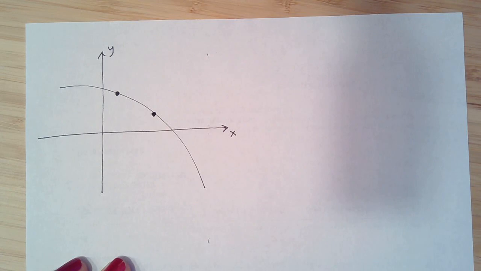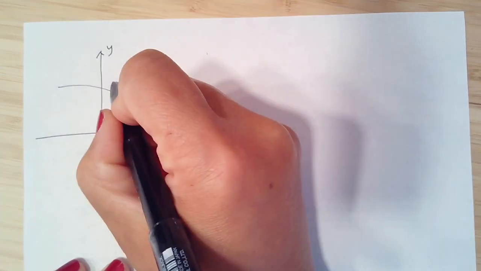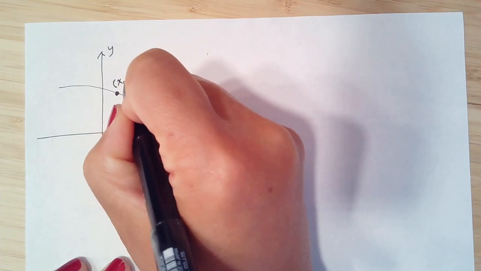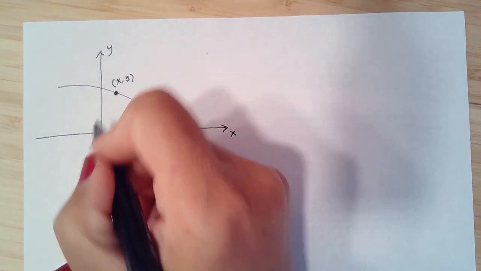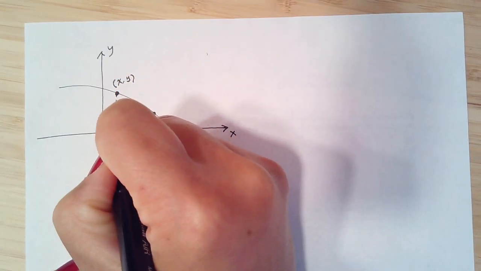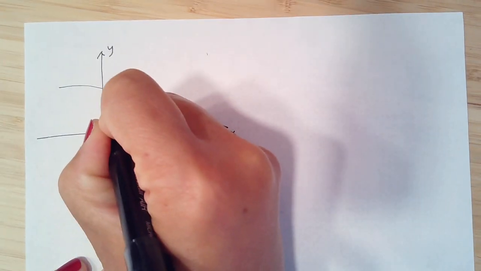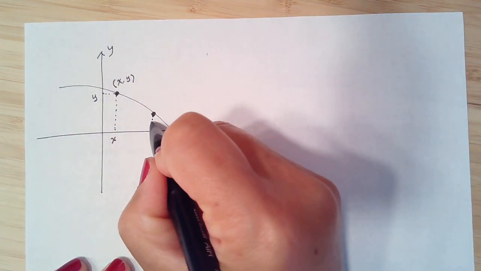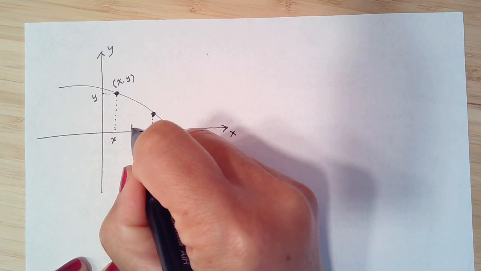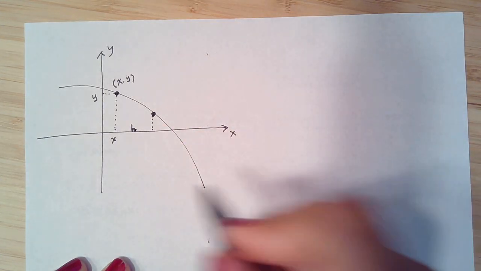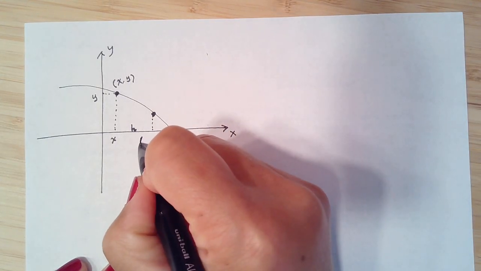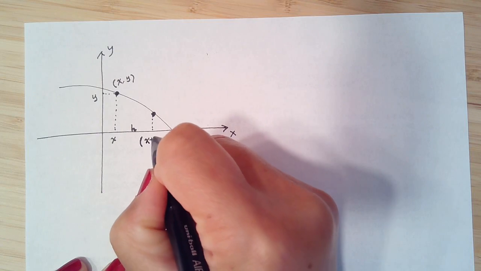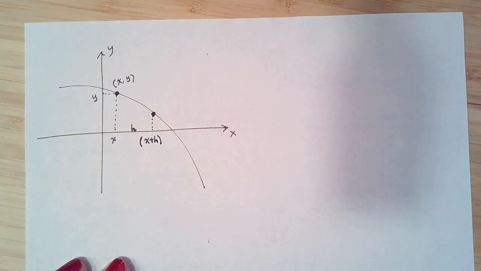So this is x and y, okay? Here is x, here is y. Now I will move to the right by a little h. Okay, h is a value, so this point will be x plus h, right?